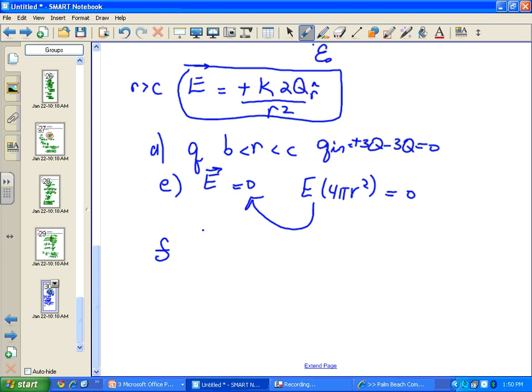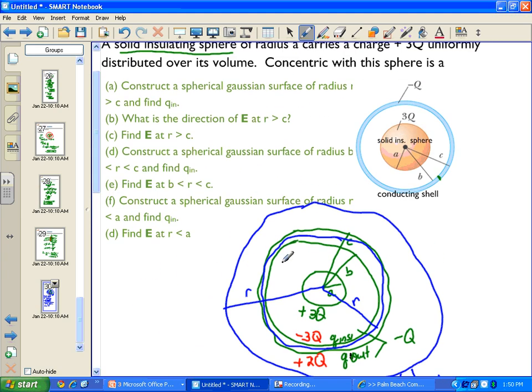Okay, F. In part F, we're asked to construct a Gaussian surface and find Q at r less than a. Well, at r less than a, we have to take into account that we've got smaller quantities of charge than plus 3q. See, we are within the insulating sphere.